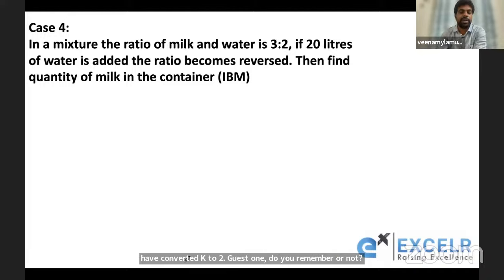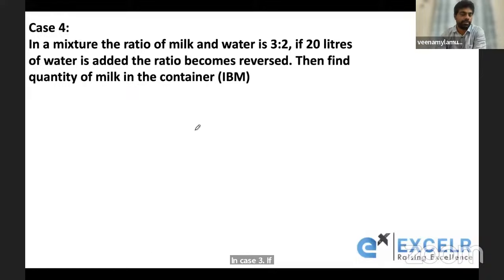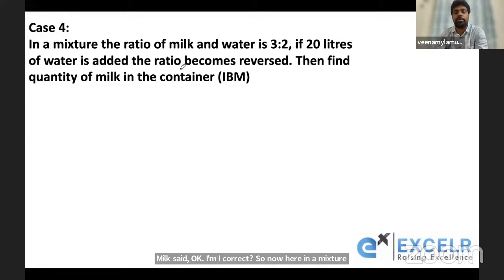In the same way, in case 3, what did we do? If water is added, we should have change only on the water side. If milk is added, we should have change only on the milk side. Okay. Am I correct? So now case 4, I'll directly explain in the problem.